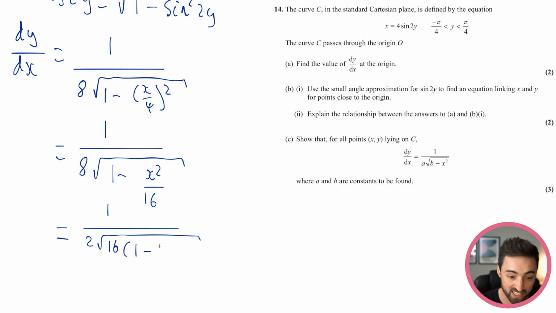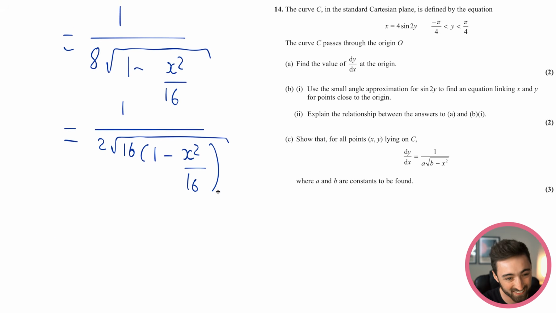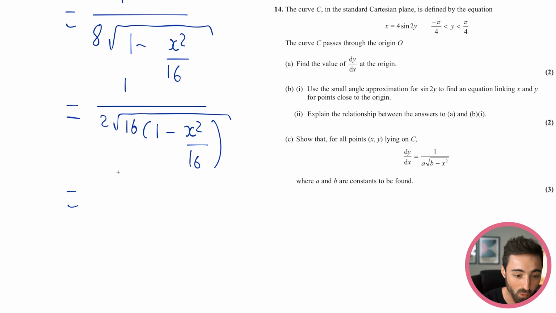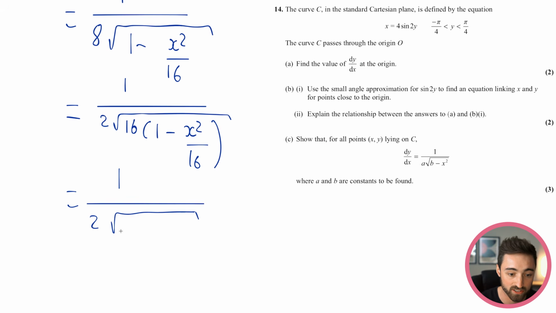And then it's going to times what I have inside. So what's going to happen? I'm going to get 1 over 2 times the square root of 16 minus x squared. And we're done. That was not an easy exam. Some very tough questions in there. It would be interesting to know what everyone thought of that.